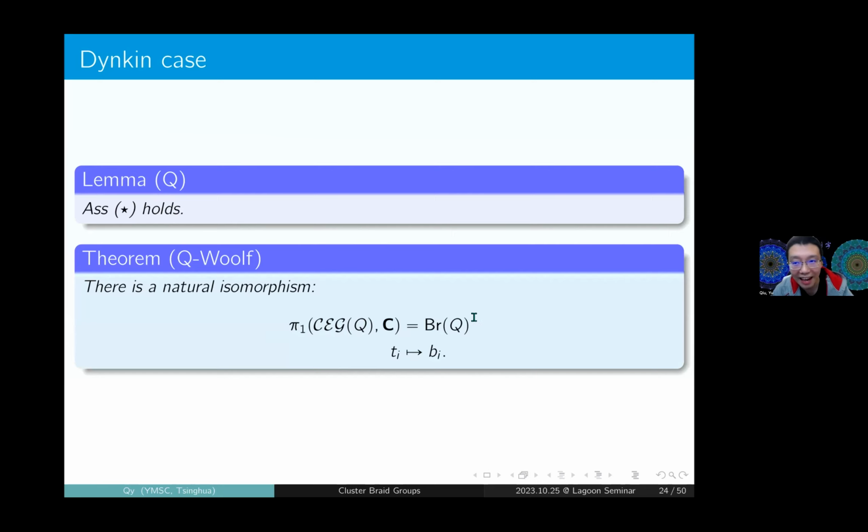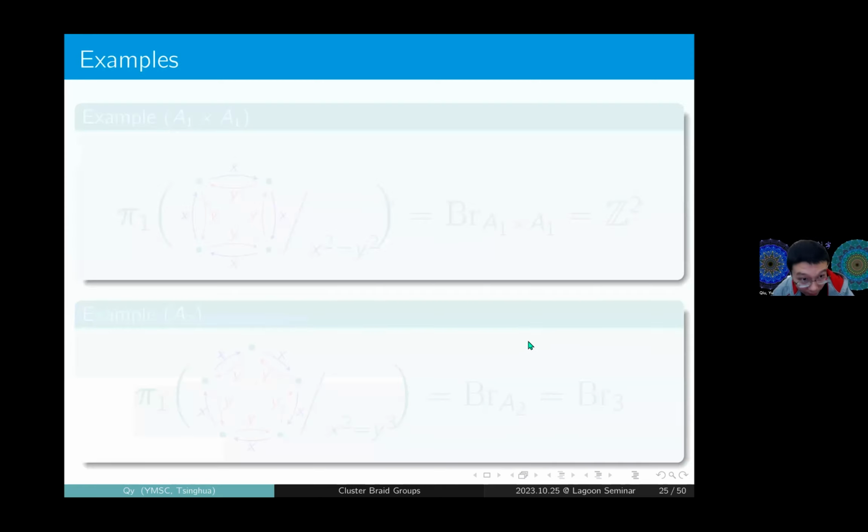Yeah. So although in that paper we didn't define the cluster braid group, it's essentially there. We only introduced this notion in a later joint work with Esther, but the credit should go to that paper.